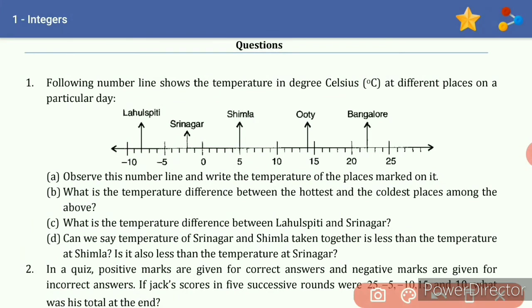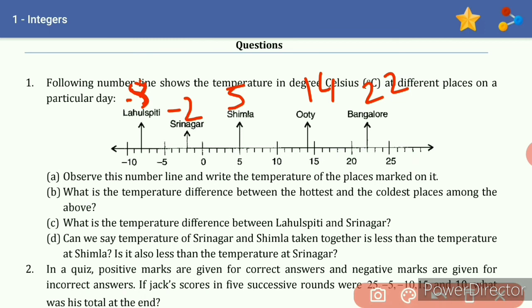So now the next question: what is the temperature difference between the hottest and the coldest place among the above? Lahul Spiti is, again we write here, minus 8, and here minus 2, Shimla 5, Ooty 14, Bangalore 22.